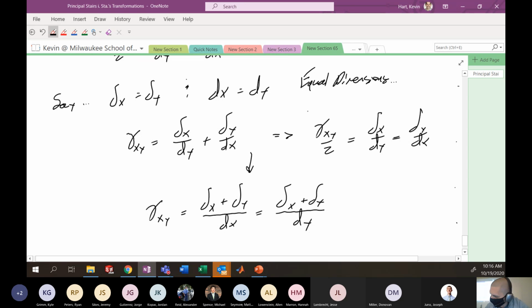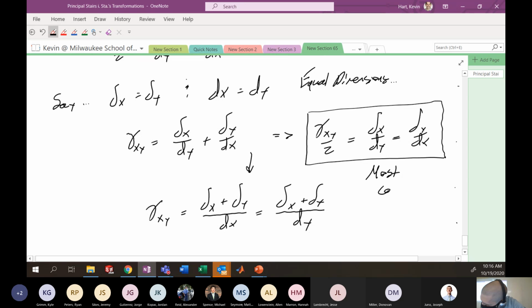But I want to draw attention to particularly this equation here, which I've mentioned before. This is probably the most common definition that you'll see. Where it's just looking at the change in this little itty bitty length that we have divided by the original length of that element, right?